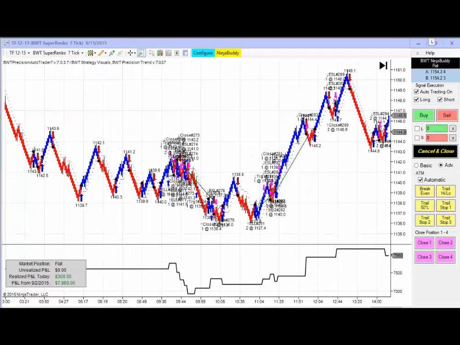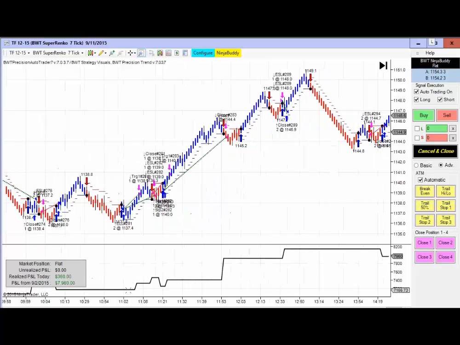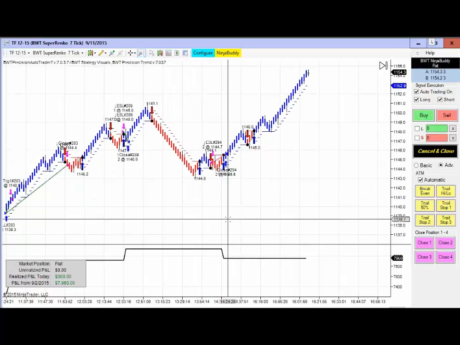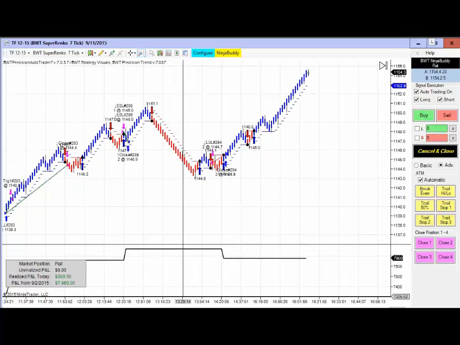Okay, next up is the Russell on the Super 7 tick, and this recovered from a $700 drawdown off the open and came back to be plus 360 for the day on 2 contracts, and then stopped trading at 230 on the Russell.